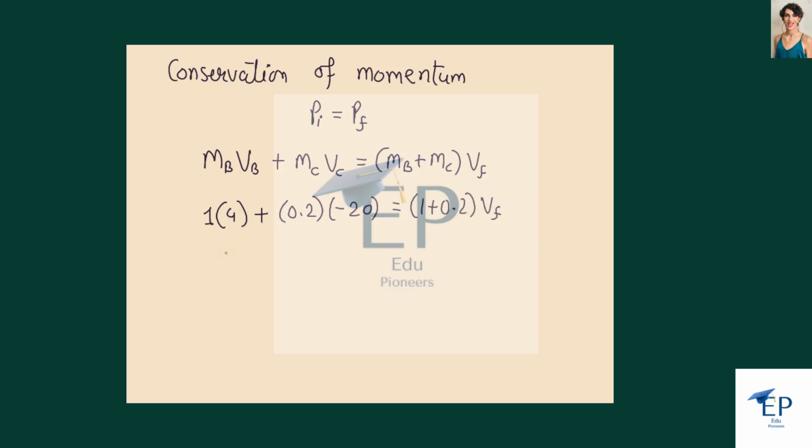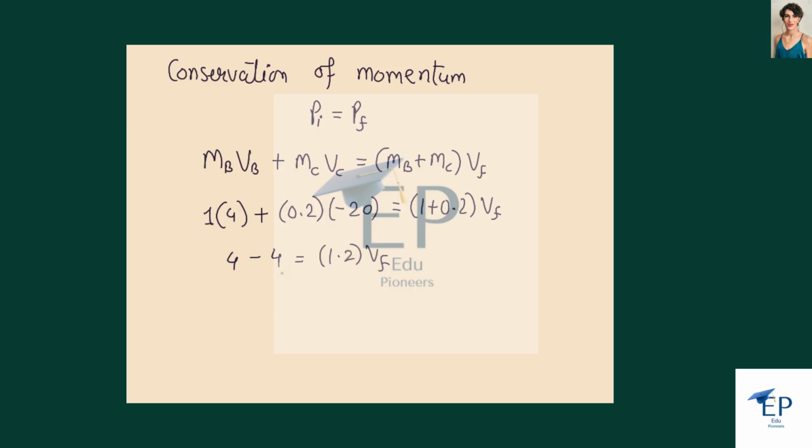From here, this is 4 plus, let us pull this minus sign out: 0.2 into 20 is 4, so I get 4 minus 4, and that equals 1 plus 0.2 times Vf, or we can write it as 1.2 Vf.